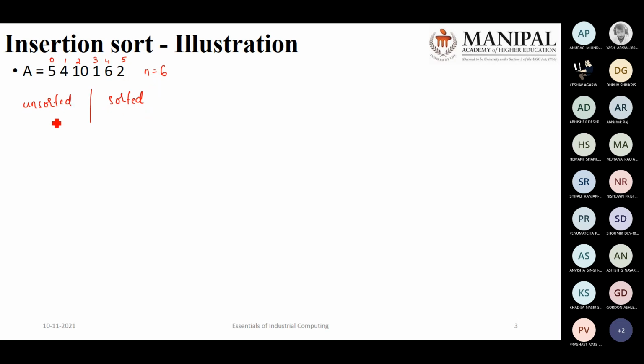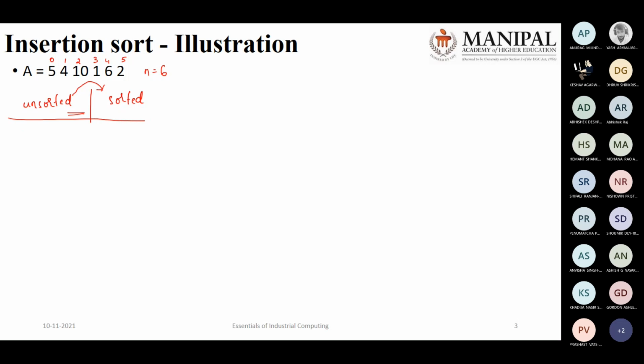You take one element from the unsorted array and insert it into the sorted array in the proper order or in its actual position. That is what happens in case of insertion sort. In every iteration, take one element from the unsorted array and insert it into the actual position of the sorted list. That is the overall technique.